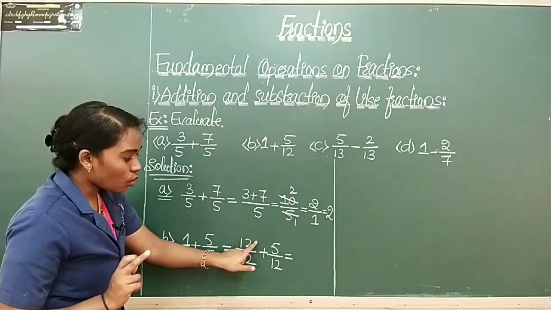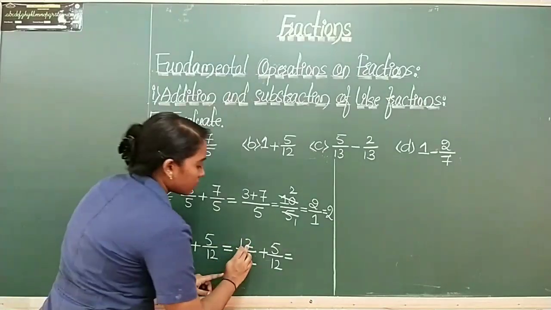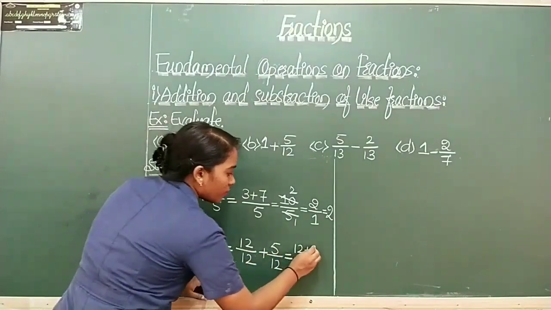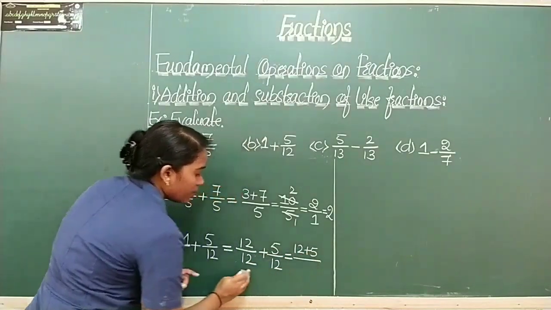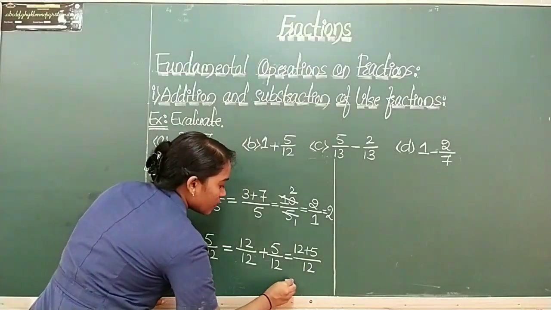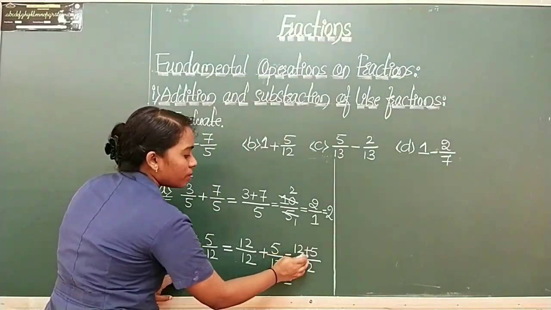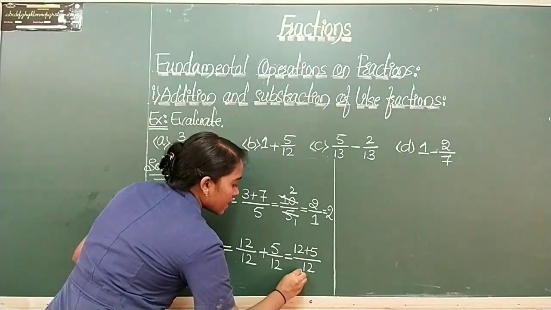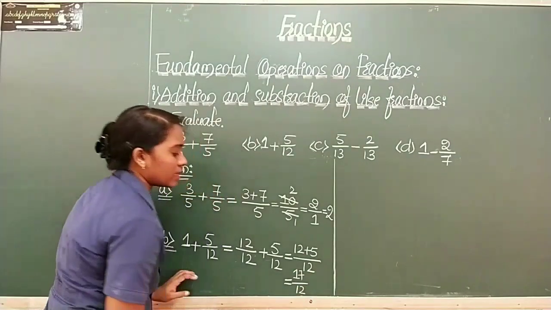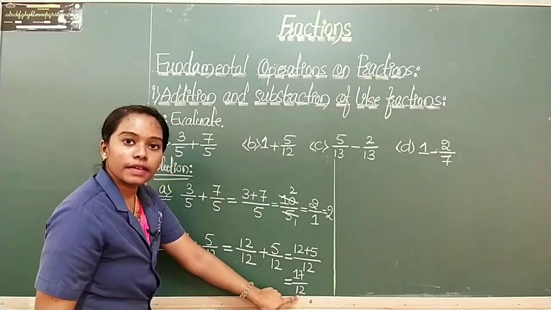You have to add only the numerators, which is 12 plus 5 upon, keep the denominator as it is, which is equal to, now add 12 plus 5, we get 17 upon, keep the 12 as it is.